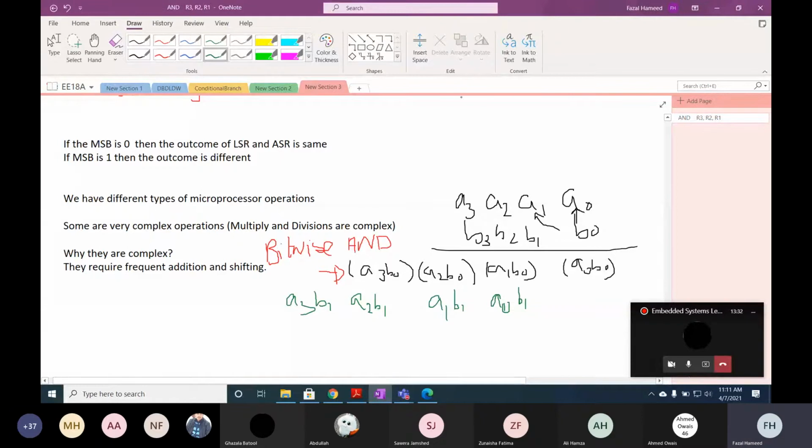This is the second operation. Then we perform the third operation, with one term here, one term here, one term here and one term here. And then we perform the last operation.